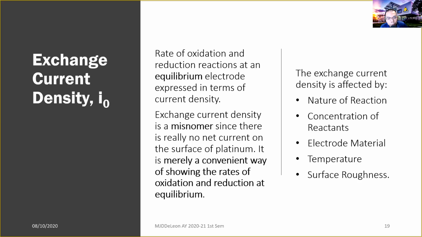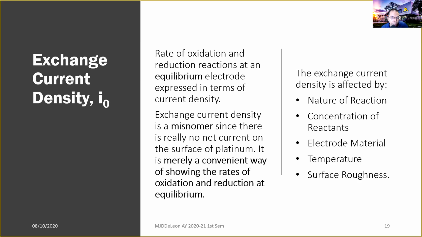It is merely a convenient way of showing the rates of oxidation and reduction at equilibrium. So basically, it is just parang yung baseline natin at yung pinakamababang current ng reduction in oxidation potential mo. And for our purposes, it's just simpler to take this as a constant. Parang it's a constant or a necessary variable to solve yung ating polarization curves.